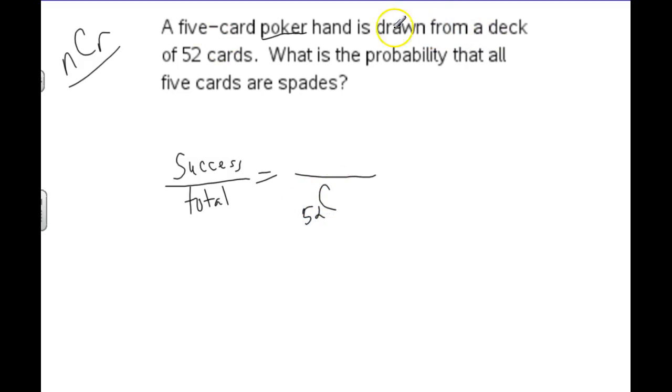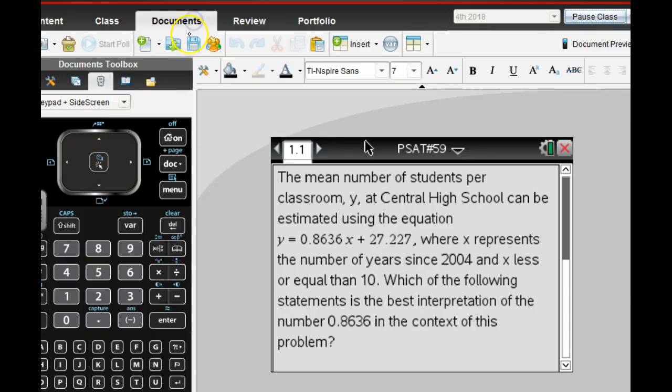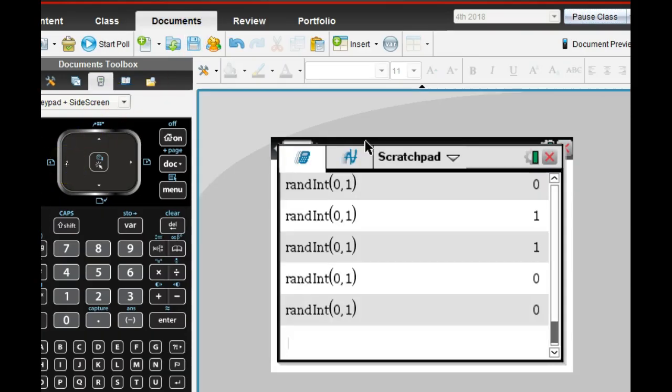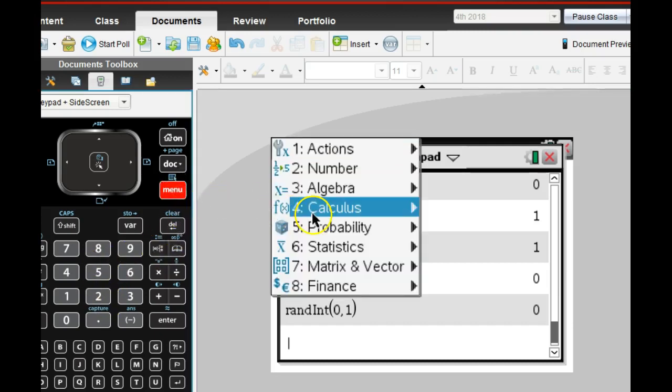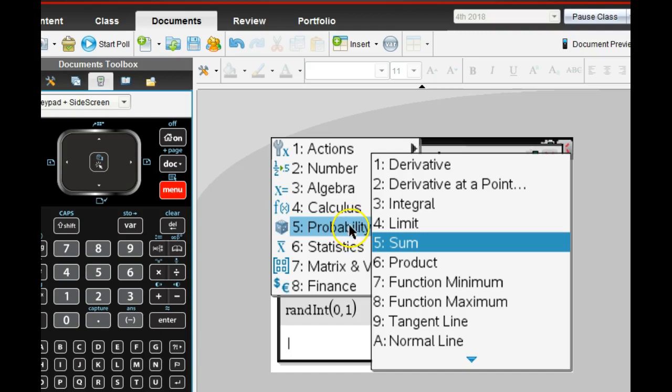And we don't just want one card. For poker, it's a 5-card hand. So 52 choose 5. To figure out that number, you can bring out your calculator. You can use a scratch pad here. Hit the menu key on the TI-Nspire, then probability.